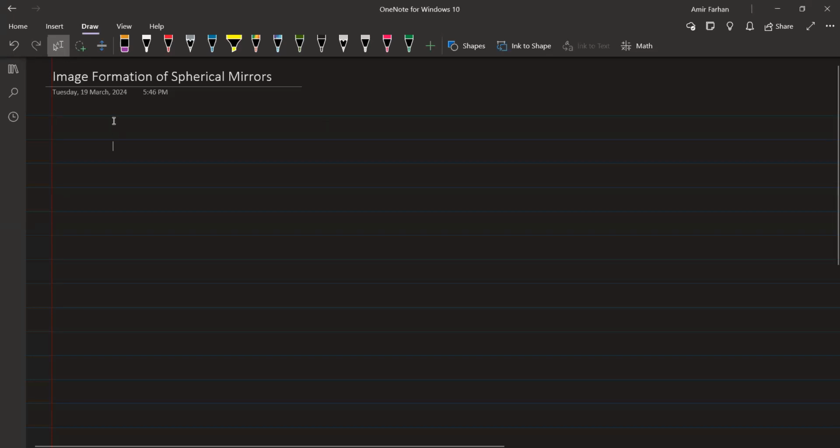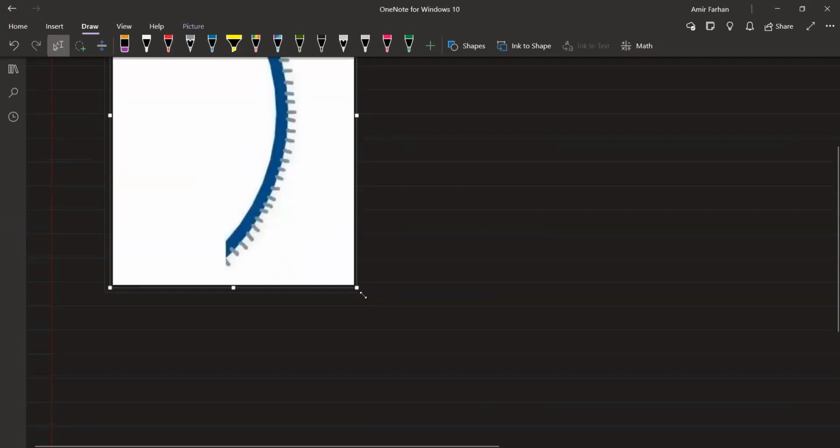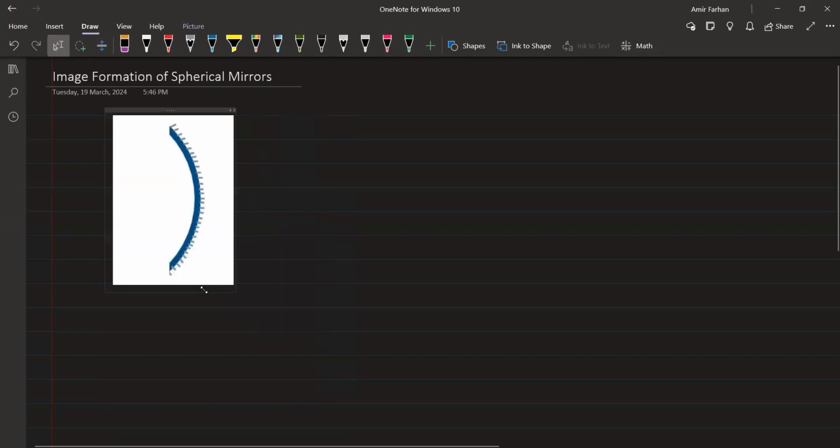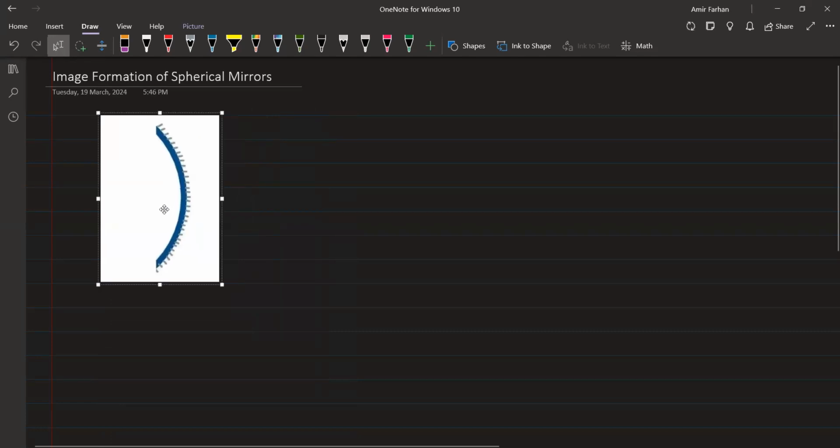So basically we have two mirrors. Just a second, let me make it a little smaller because it's very big in size. So I think it's visible to you.